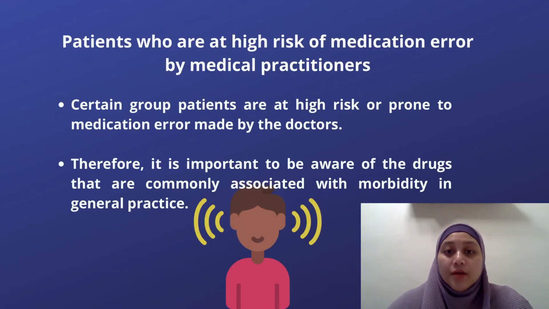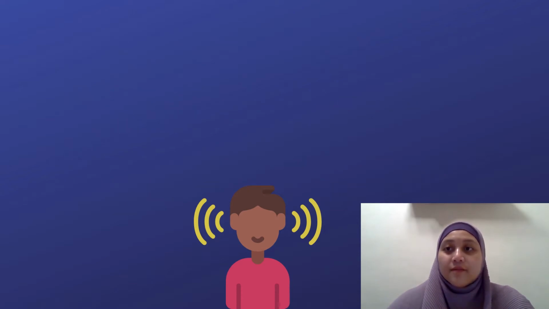Certain group of patients are at high risk or prone to medication errors made by the medical practitioners. Therefore, it is important to be aware of the drugs that are commonly associated with morbidity in general practice.